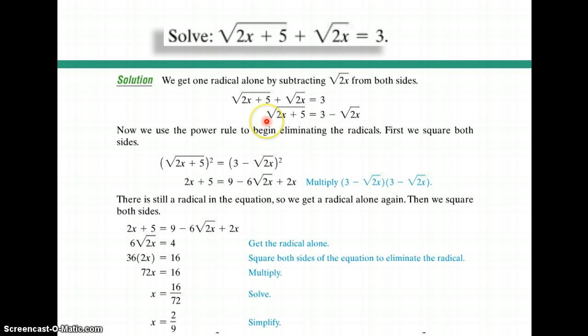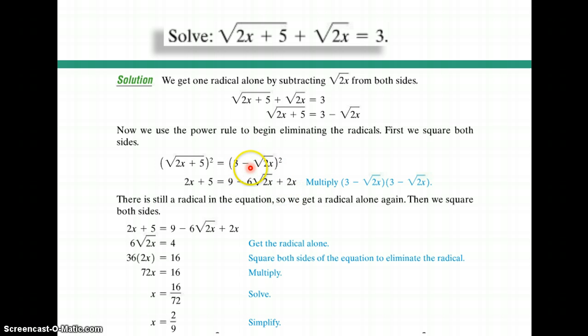Now using the power rule to eliminate the radical, here the index of this radical is 2, so raise the power 2 to both sides of the equation. We have 2x plus 5 equal to 9 minus 6 times square root of 2x plus 2x.